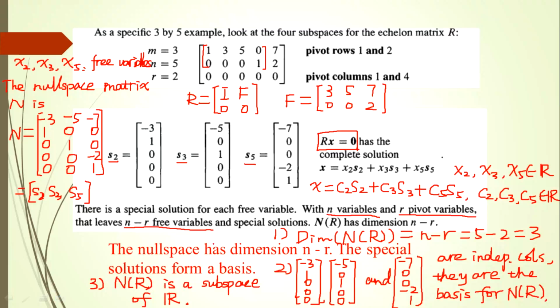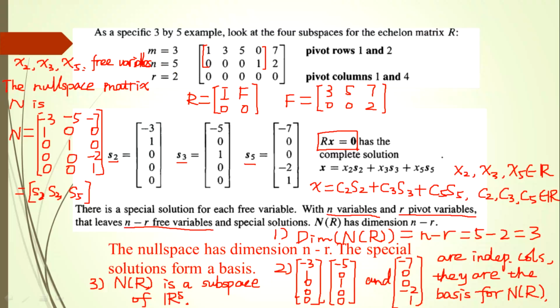Should be R5, right? It's a subspace of R5 because each vector, each column in the null space, has 5 components. So that's why we said the null space is a subspace of Rn. This 5 implies the n, the number of columns.